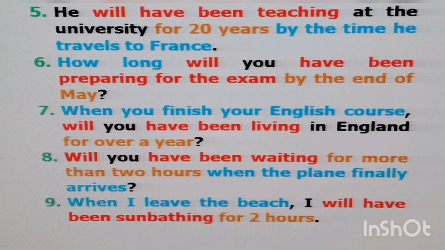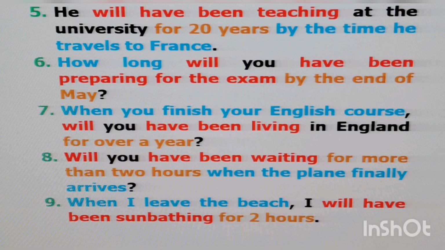Number 8, will have been waiting, future perfect progressive. For more than 2 hours, this is what shows duration. When the plane finally arrives, when, then the tense concerning the verb that is attached to when in this part of the sentence, present.